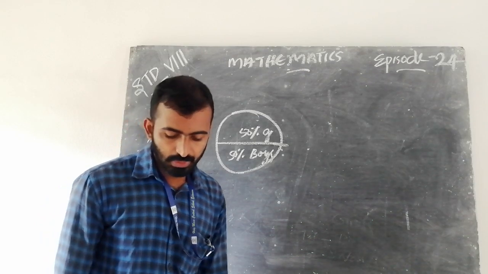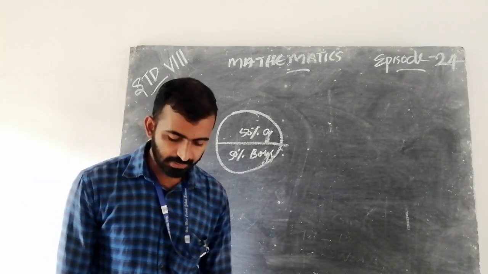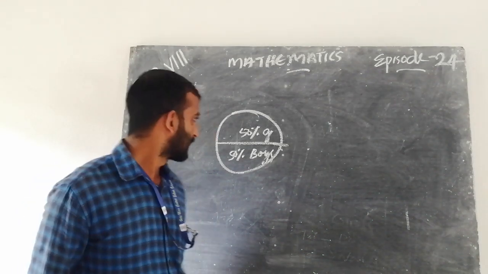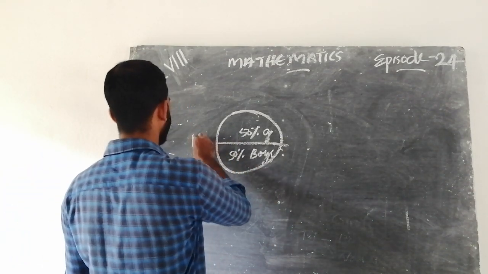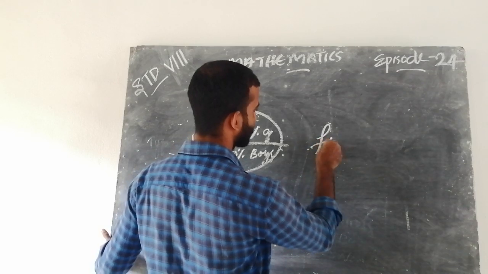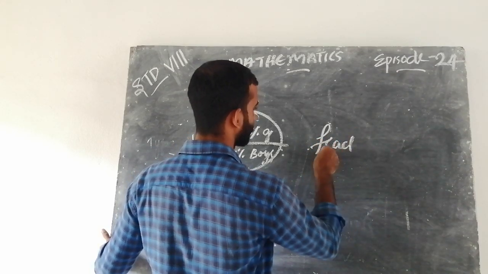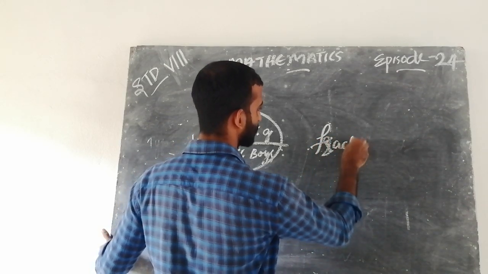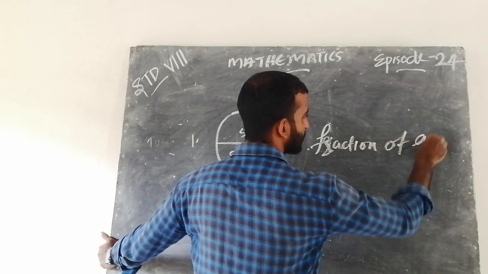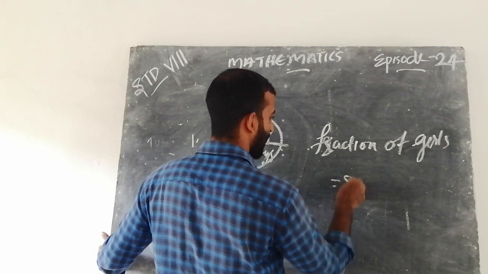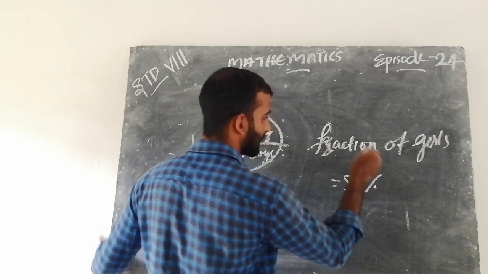We want to find the fraction. Fraction of girls equal to 50%.